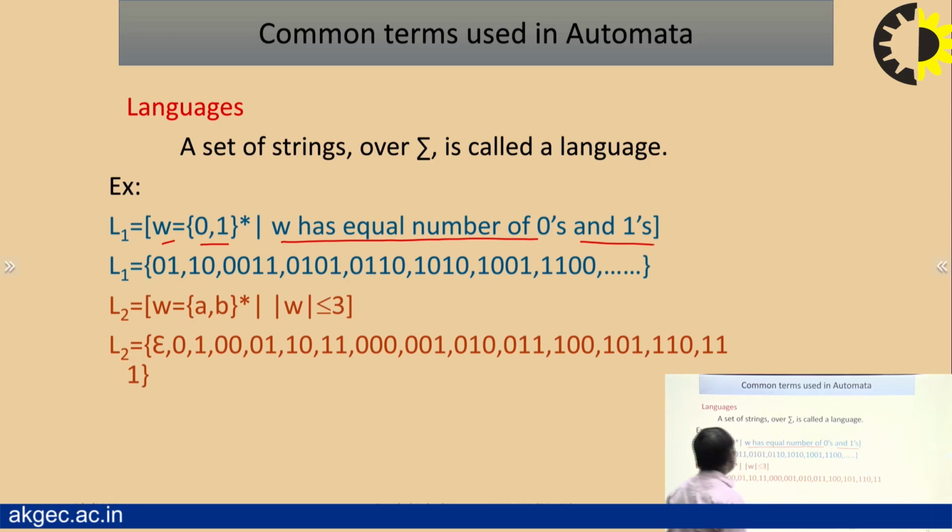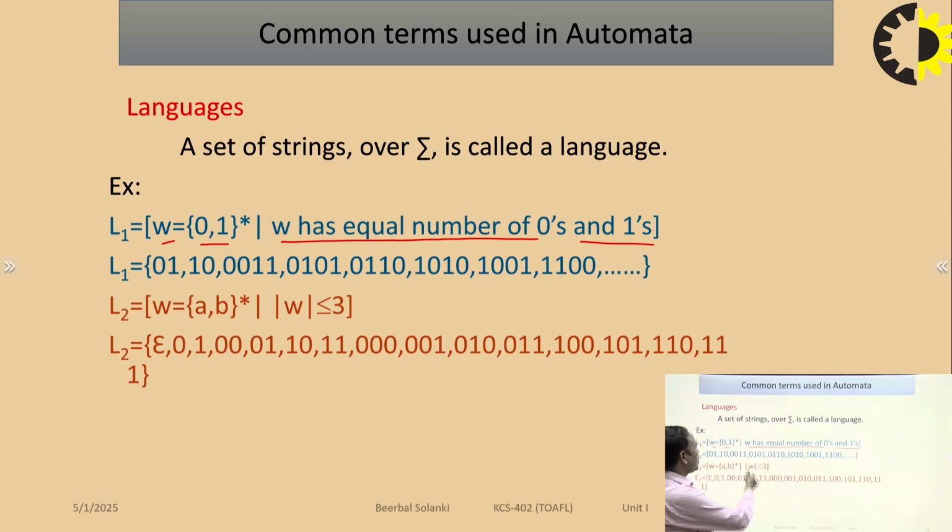So we can say that the W strings, the set of strings, will have an equal number of 0s and 1s. Like 01 and 10, 0011, 01 and 10, and 0110. It means that if the number of 0s is 1, then the number of 1s is also 1.